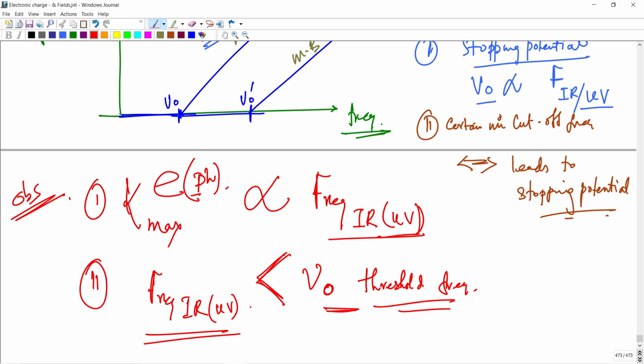If we apply a UV ray with a frequency lesser than the threshold frequency, obviously stopping is very easy, because no photoelectron is possible. All electrons do not overcome the attractive pull. So if the frequency is lesser than that cutoff, no photoelectric emission is possible, so there is no photoelectric current here.